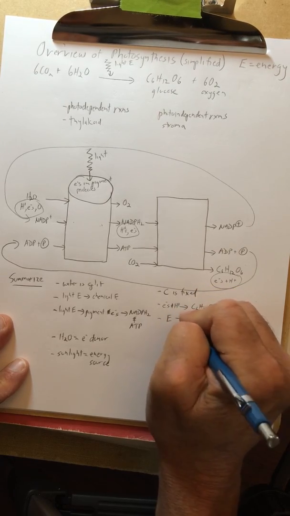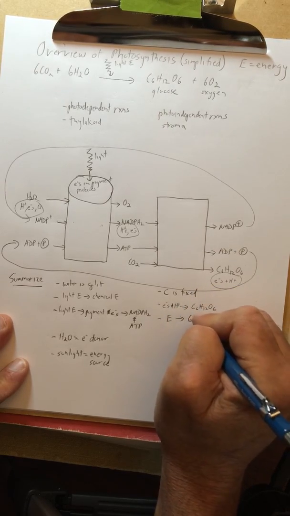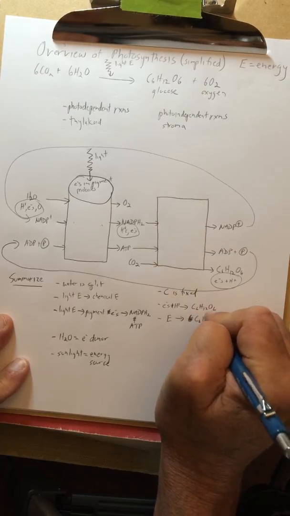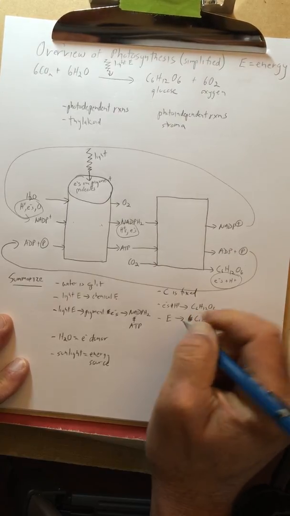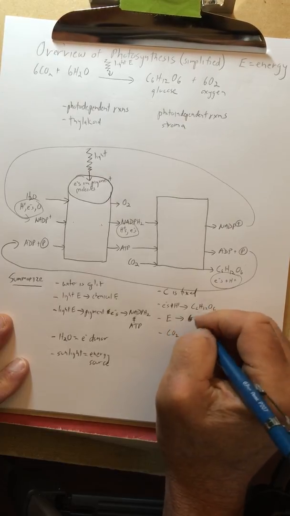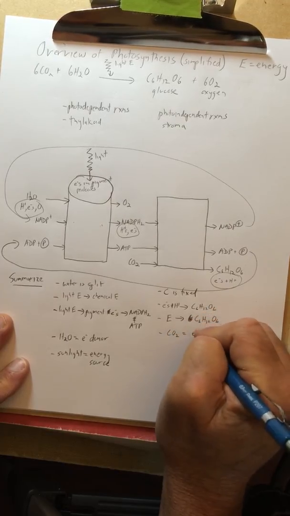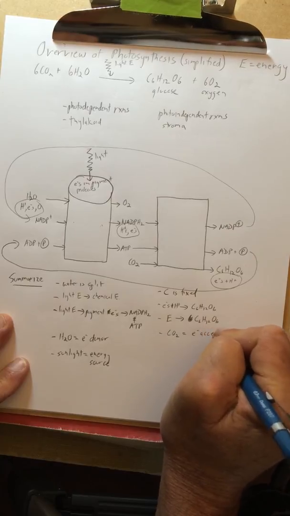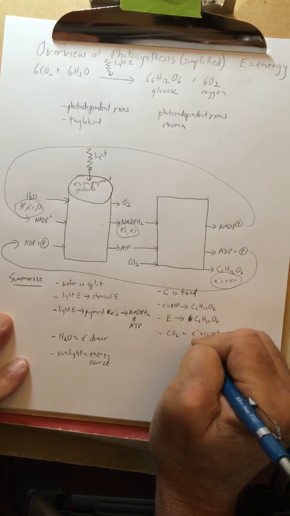The energy is being transferred to C6H12O6. And CO2 is the electron acceptor and the carbon source.